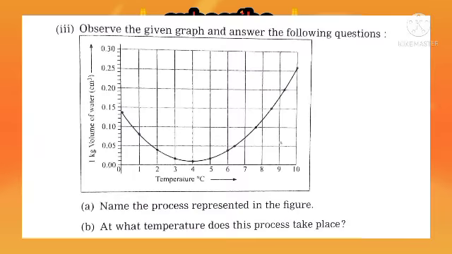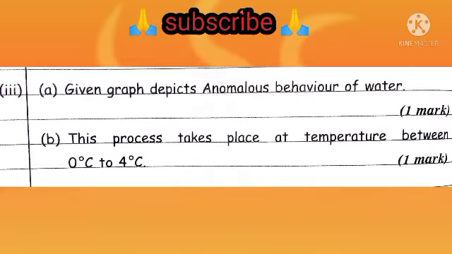Third question is, observe the given graph and answer the following questions. First question A, name the process represented in the figure. The given graph depicts the anomalous behavior of water.